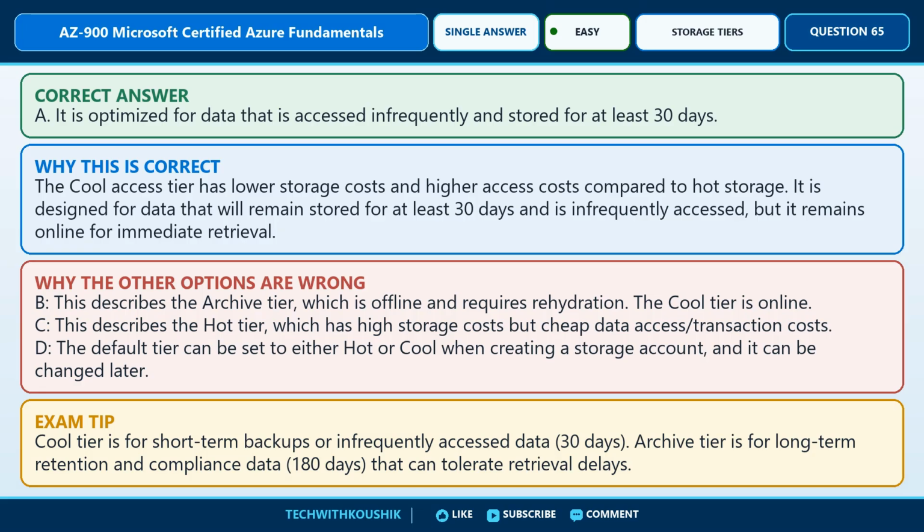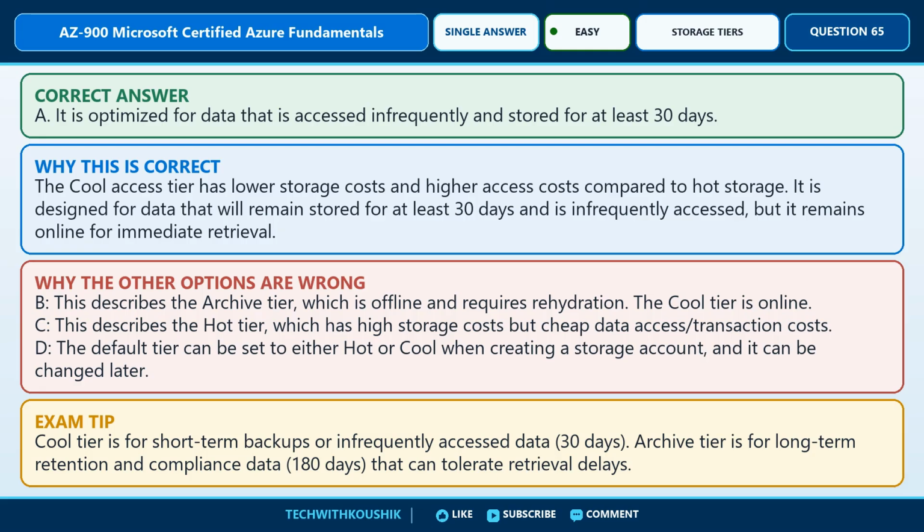Let's quickly check the incorrect choices. B. This describes the archive tier, which is offline and requires rehydration. The cool tier is online. C. This describes the hot tier, which has high storage costs but cheap data access transaction costs.